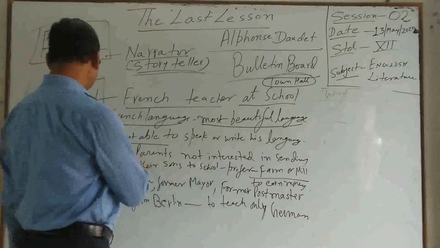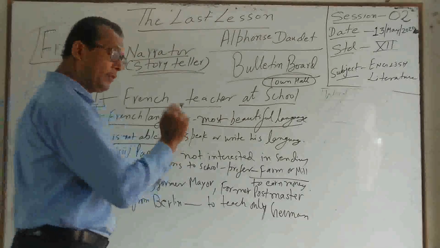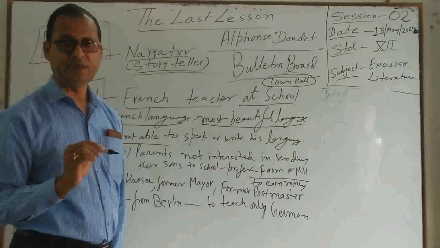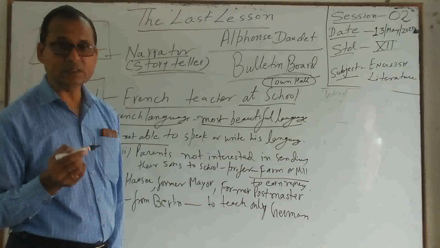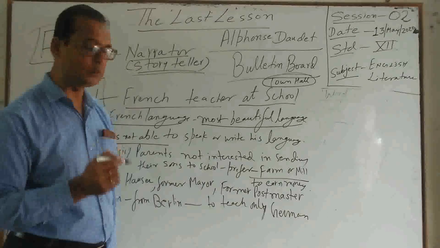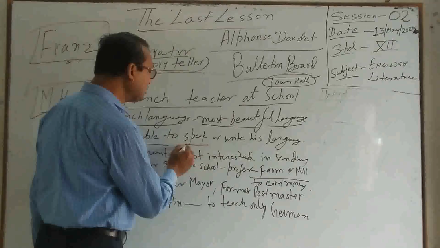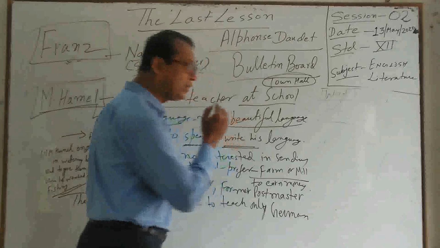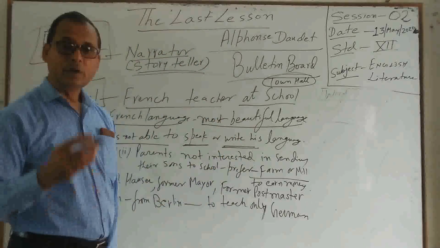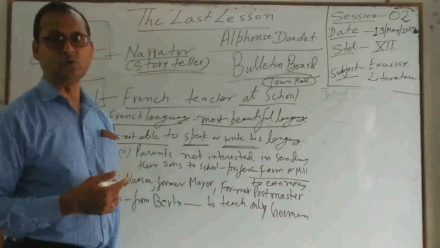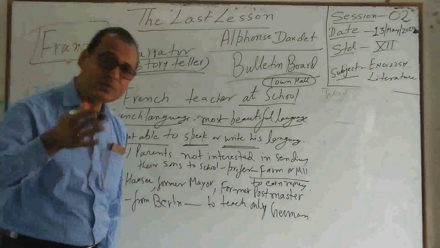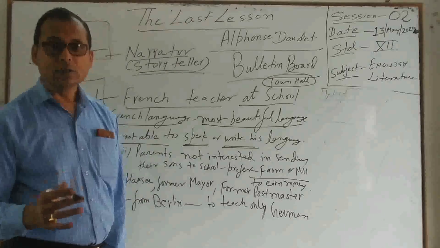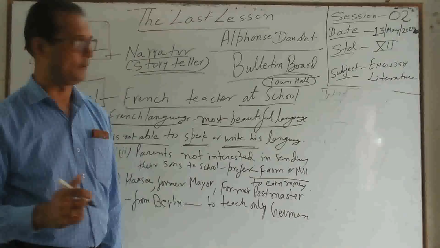Next, M. Hamel, the teacher, gives the response about Franz. He says that Franz is neither in a position to speak the French language nor to write it. It means Franz comes to school, but he is not interested. Even Franz has accepted that he got the homework of participle.